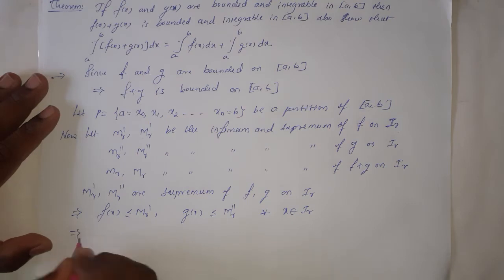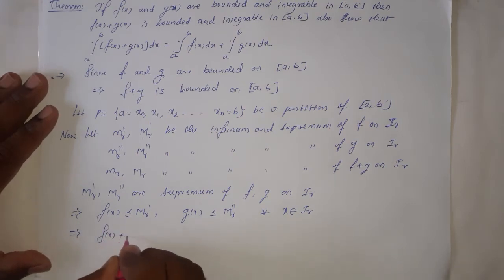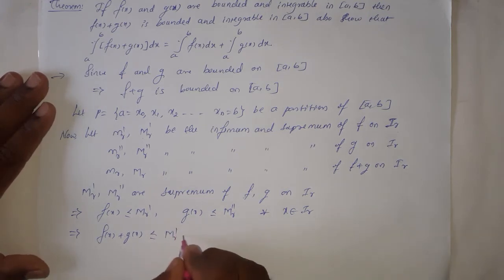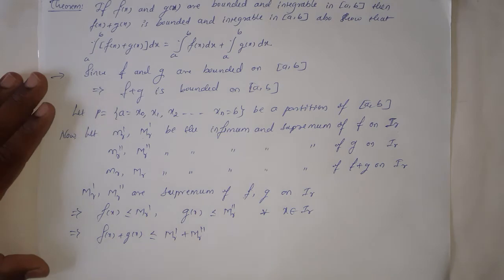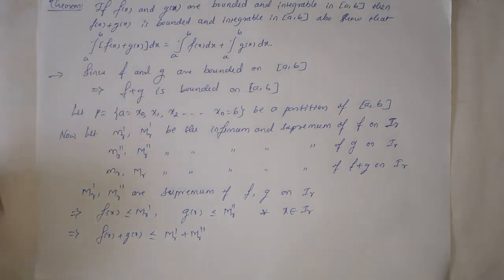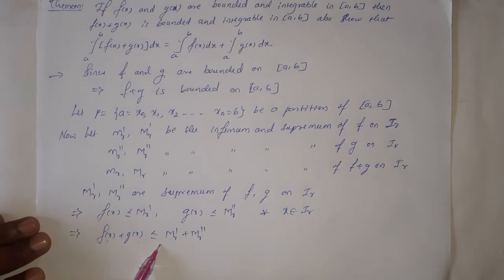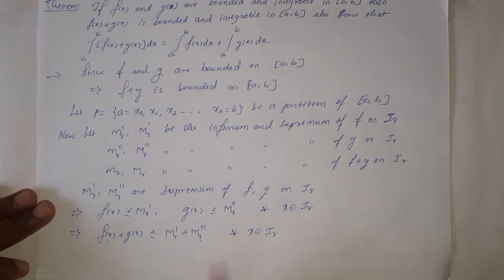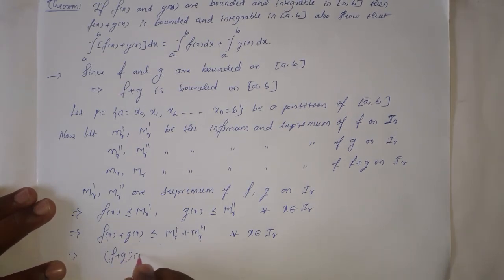Now, it implies that f of x plus g of x is less than or equal to mr dash plus mr double dash. By adding the above two inequalities, we get f of x plus g of x less than or equal to mr dash plus mr double dash. So, it is also for all values of x in rth subinterval. Now, we can write this function as f plus g of x less than or equal to mr dash plus mr double dash.